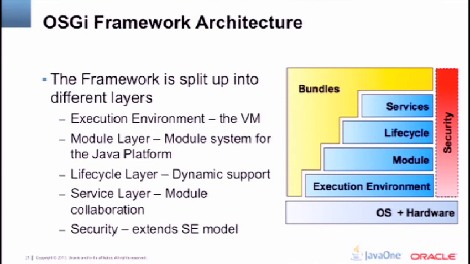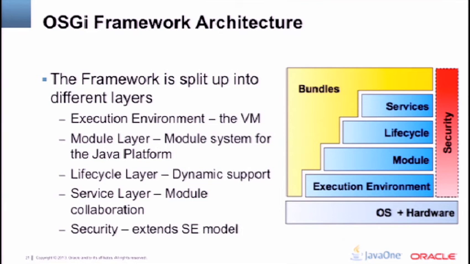This is an architecture model for OSGi. You have the operating system and the hardware, obviously, and sitting on top of that, what OSGi refers to as the execution environment. So that's basically your Java VM and libraries.